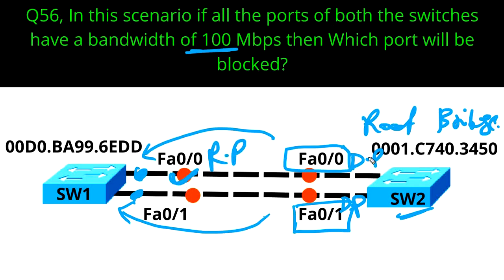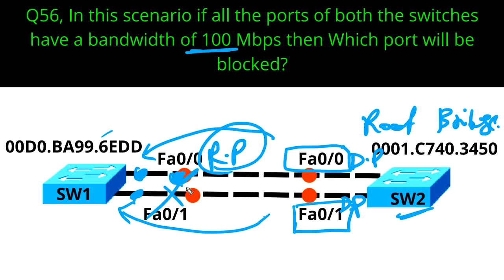Guys, DP is a port on which a switch transmits superior BPDU, and RP is a port on which a switch receives superior BPDU. So now switch 1 is receiving the superior BPDU on this interface, so this interface will become RP and this port will be blocked.